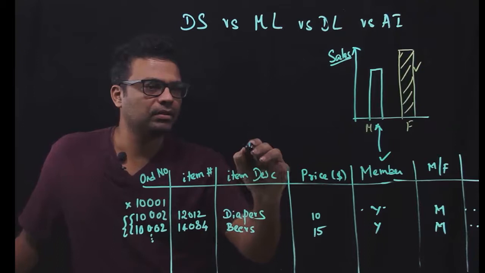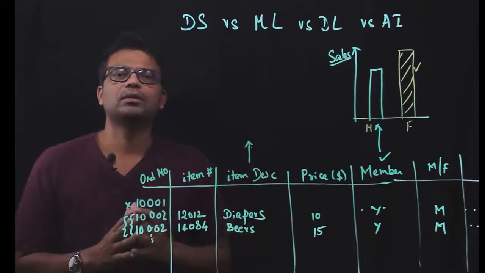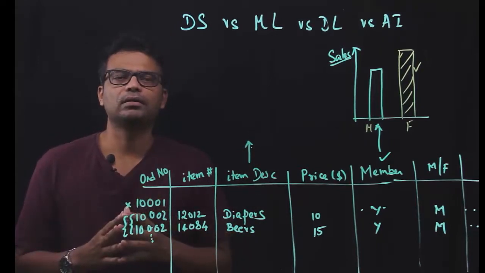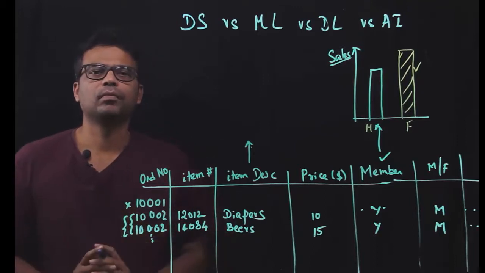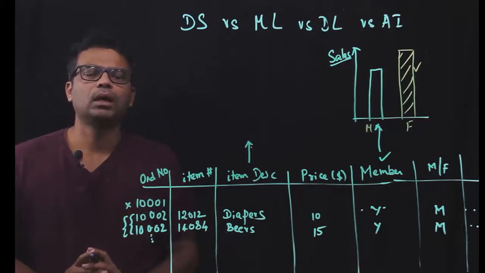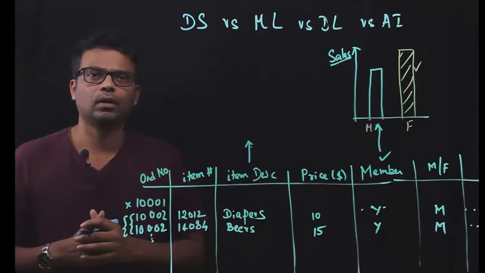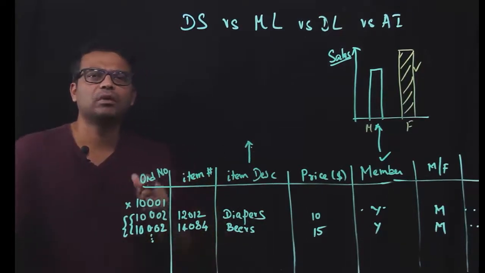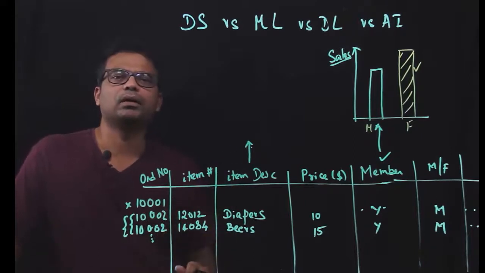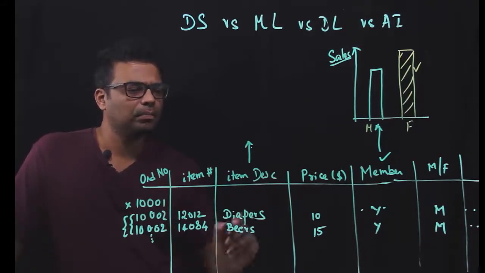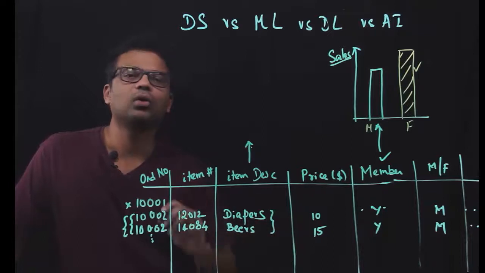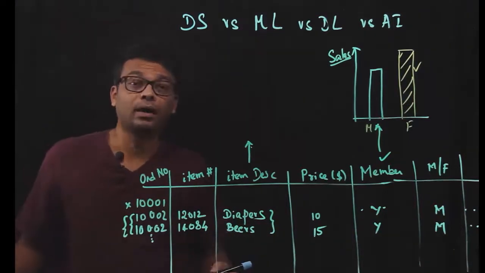Let me revisit this example. Sometimes these supermarkets are interested in something called combos. What is a combo? Well, you tend to sell products together. An interesting use case that has been found out based off of the supermarket data sets is that beer and diapers go together. Well, how do you know that?